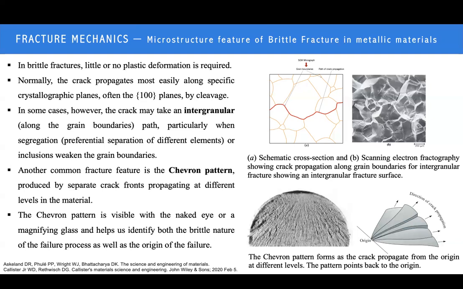This kind of pattern can be seen even by the naked eye, but if you use a magnifying glass you can see a very clear image of the fracture feature of the chevron patterns.